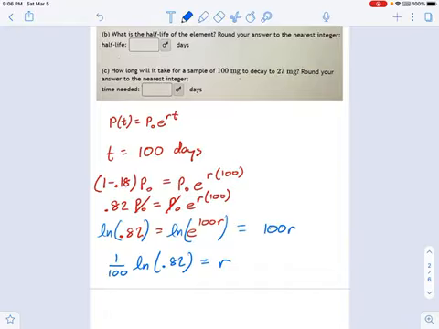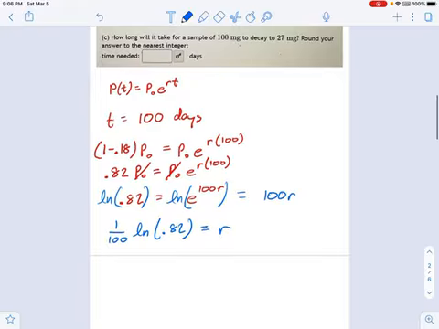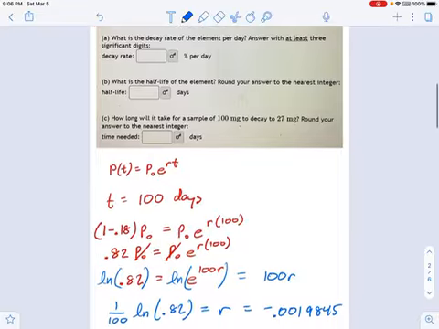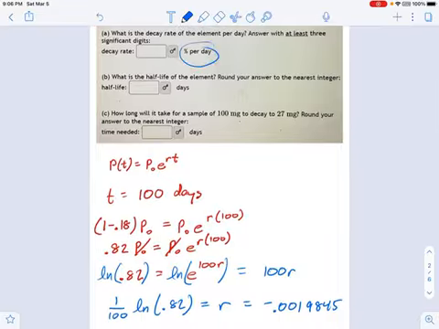Now, it's going to be a small number. Once you do this calculation, according to my calculator anyway, it is negative, because it's decay, 0.001985. I think I'll stop here. And remember, that's a decimal. It's not a percentage. And this thing wants a percentage. So go ahead and give it a percentage. Multiply it by 100.